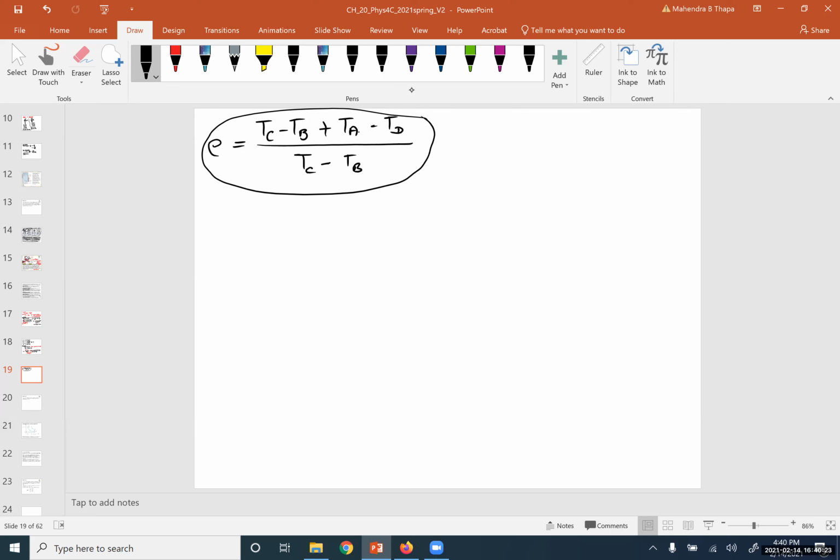Let's see. Then we can use our relation T V to the power gamma minus 1 is equal to a constant.